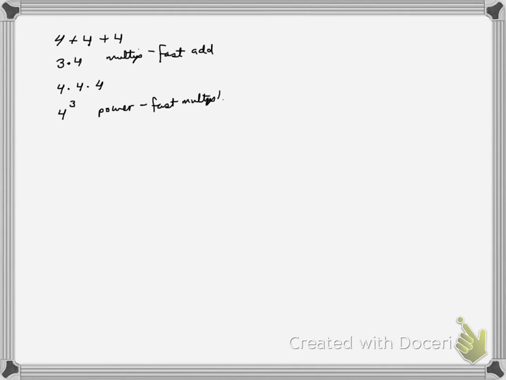Okay. So let's say I had 3 squared. The 3 is called my base, and it represents what number I'm going to multiply over and over again. And this number or variable, if I'm in algebra, is my exponent, and it represents how many times I'm going to multiply it over and over again.